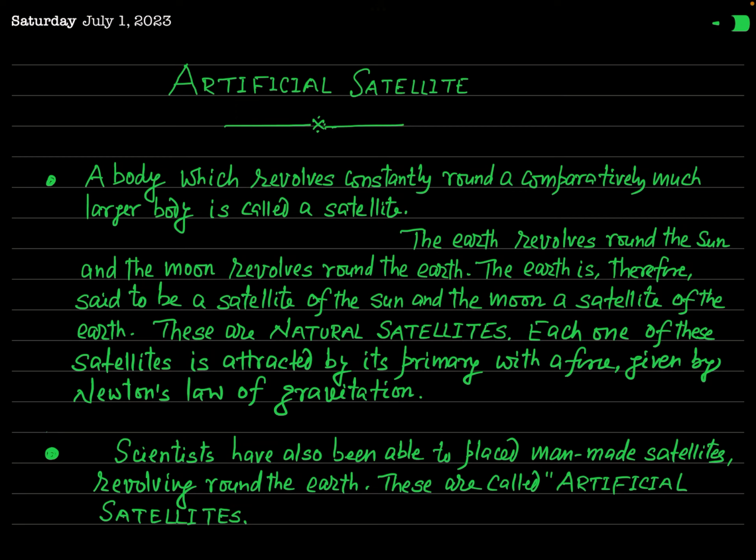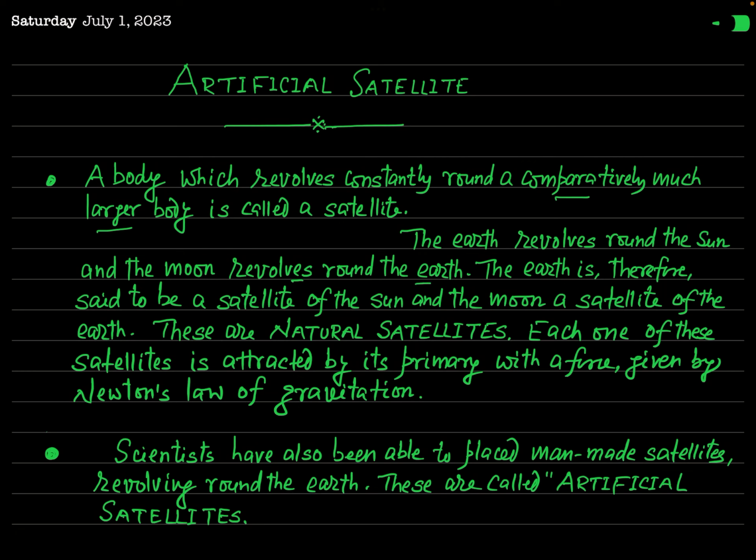Because in physics, or particularly in astrophysics or astronomy, we simply say that any body which revolves constantly around a comparatively larger body, meaning a body of larger mass, is called a satellite. For example, as you know, the earth revolves round the sun and the moon revolves round the earth.